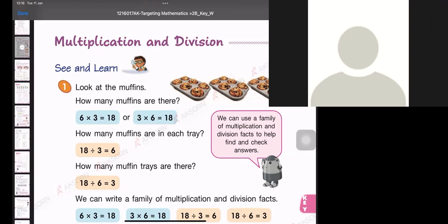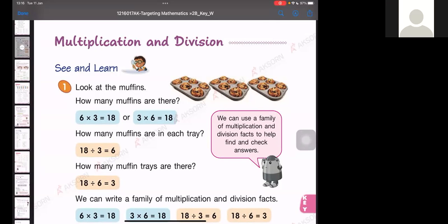So now, how many muffins are in each tray? So 18 divided by 6 is how many? How many trays? 3.